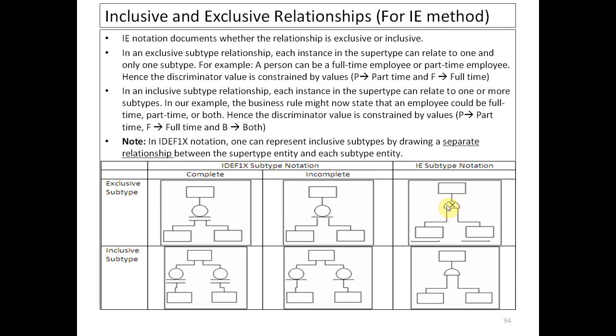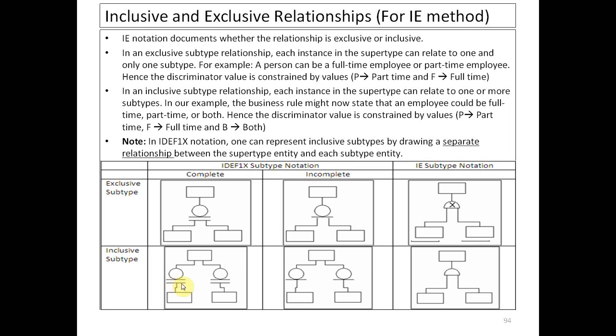The IE notation for it would be X. The X in between states that it's an exclusive subtype. For an inclusive subtype, there is no X written over here. And for a subtype with IDEF1X notation, there would be an inclusive subtype over here in this way.